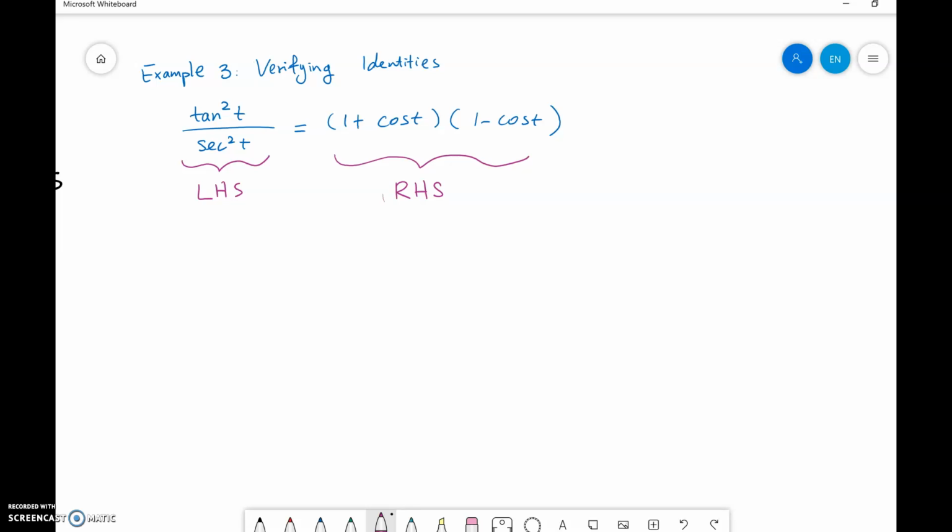Even though the whole expression looks shorter, tangent can be rewritten as sine over cosine, and secant can be rewritten as 1 over cosine. So comparing to the right hand side, we have more abilities to rewrite the left hand side. That's why the left hand side is more complex.